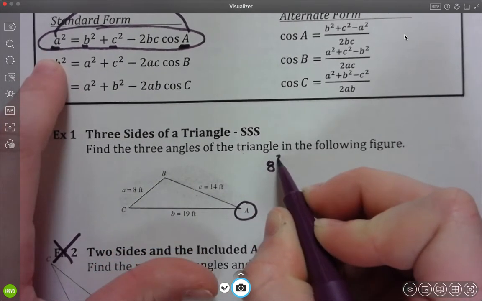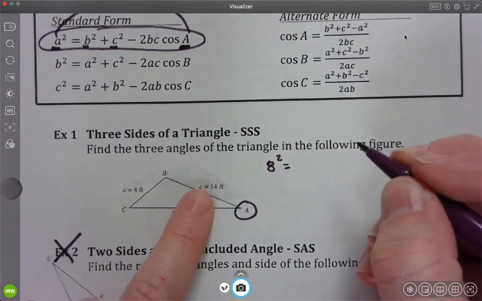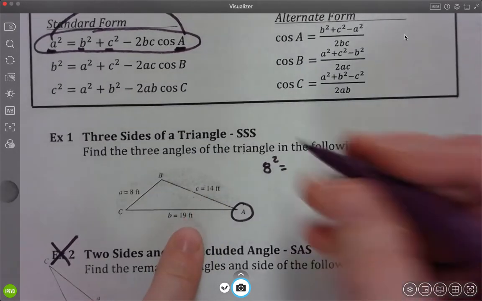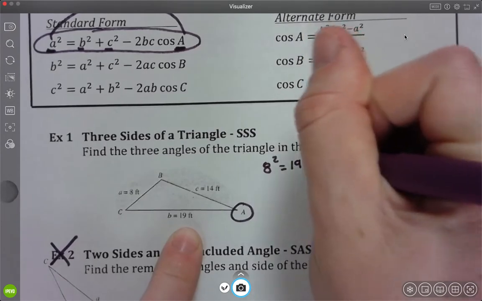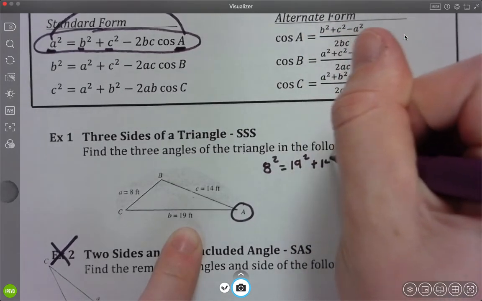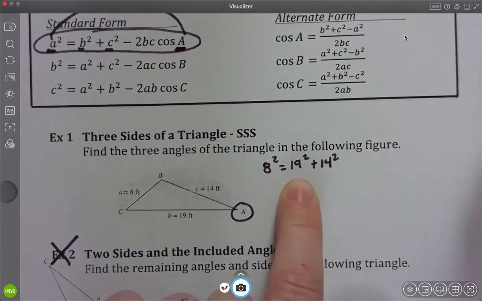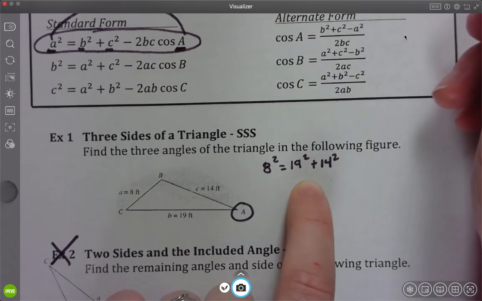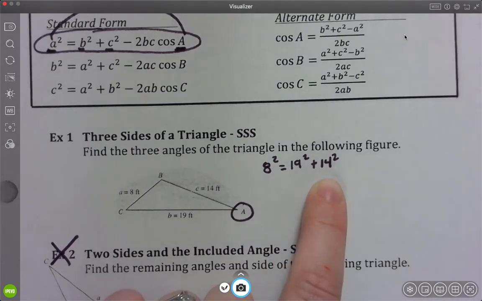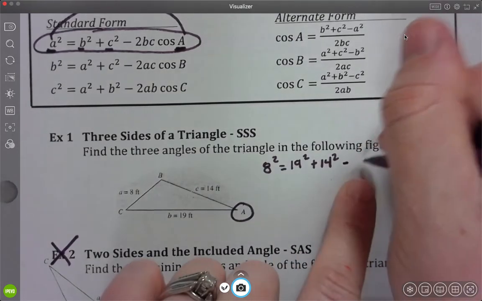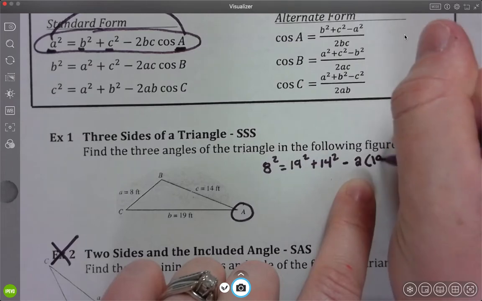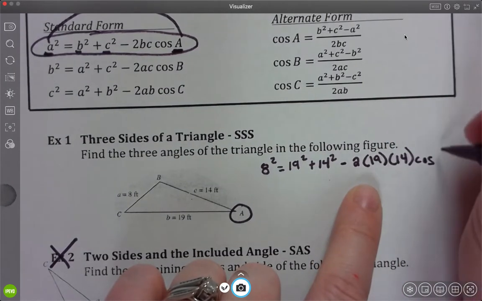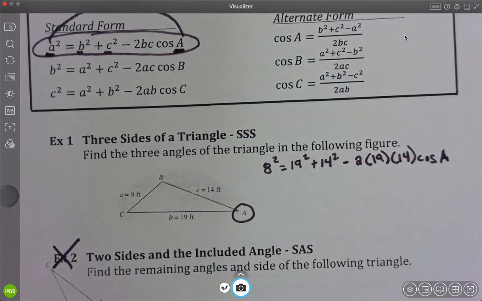So 8 squared equals, and then it doesn't really matter which one I call B and which one I call C. They are named B and C in this diagram, so we'll just leave them as B and C. But 14 and 19, you could technically flip those two around, and you could put the 14 first and the 19 second, and it doesn't really matter. Minus 2 times B times C times cosine of capital A. This guy is what we're solving for.